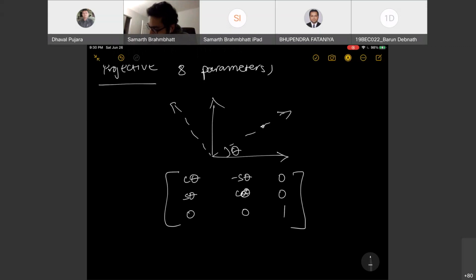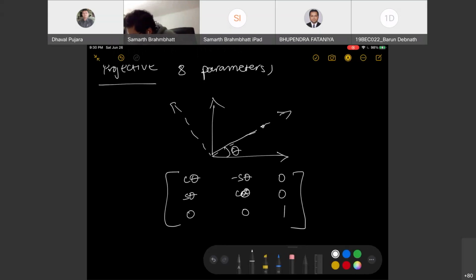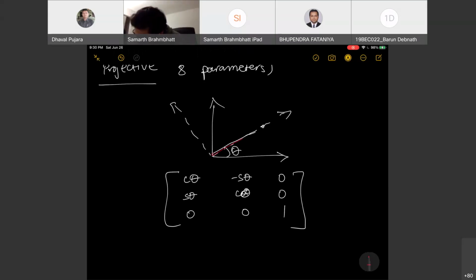So actually look at the columns of this matrix. What I mean by that is if you look at unit vectors in this coordinate system, so this is my unit vector along the x direction, this one over here.